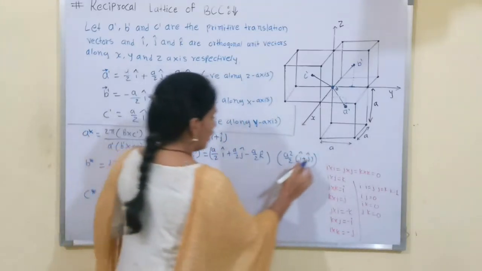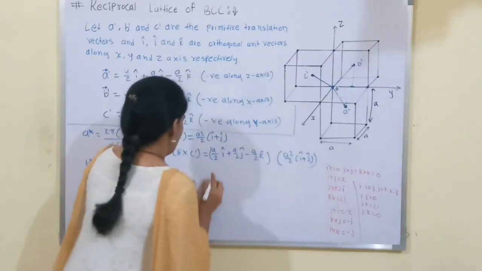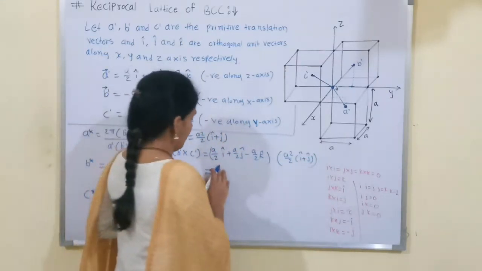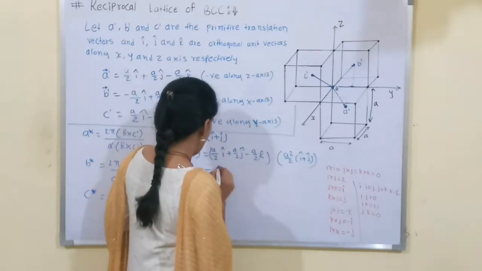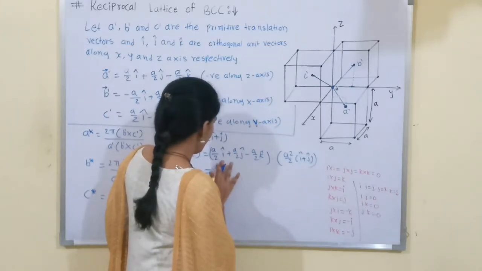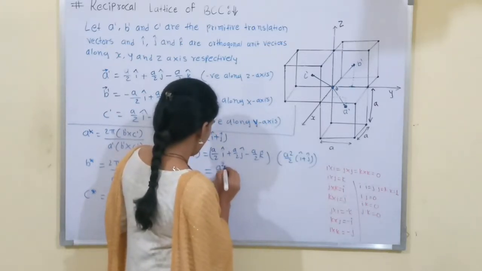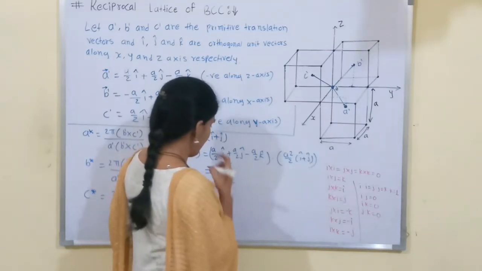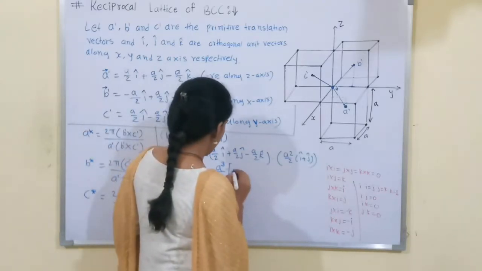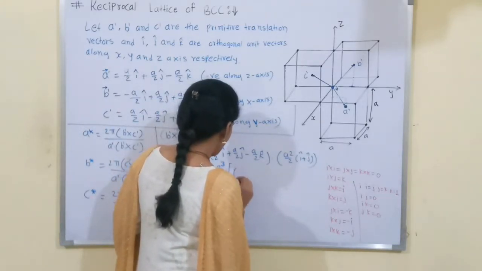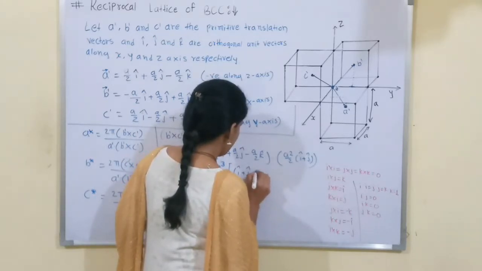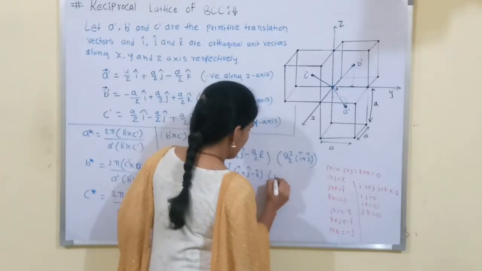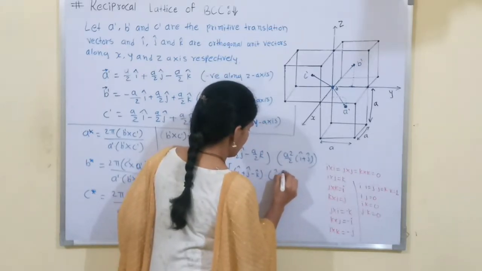Okay, so also for the simplicity we will take the common A by 2 from this and from this. So we have here A cube by 2, because here we have A square by 2, so we will write A cube by 2. Okay, and in bracket simply we write the dot product of these two, I cap plus J cap minus K cap, and in second I cap plus J cap.